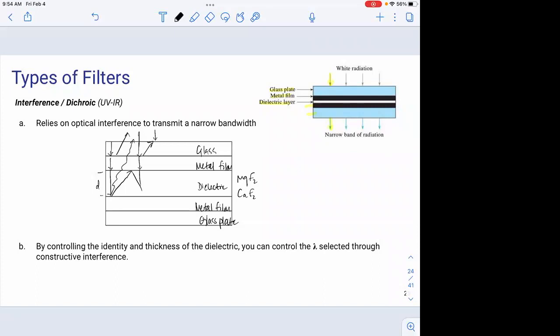Okay, so what happens is you have transmittance through that second metal film, and then eventually through that glass plate. All right, so as I mentioned, by controlling the identity and the thickness of the dielectric layer, you can control the wavelength that's selected through this constructive interference process, okay?